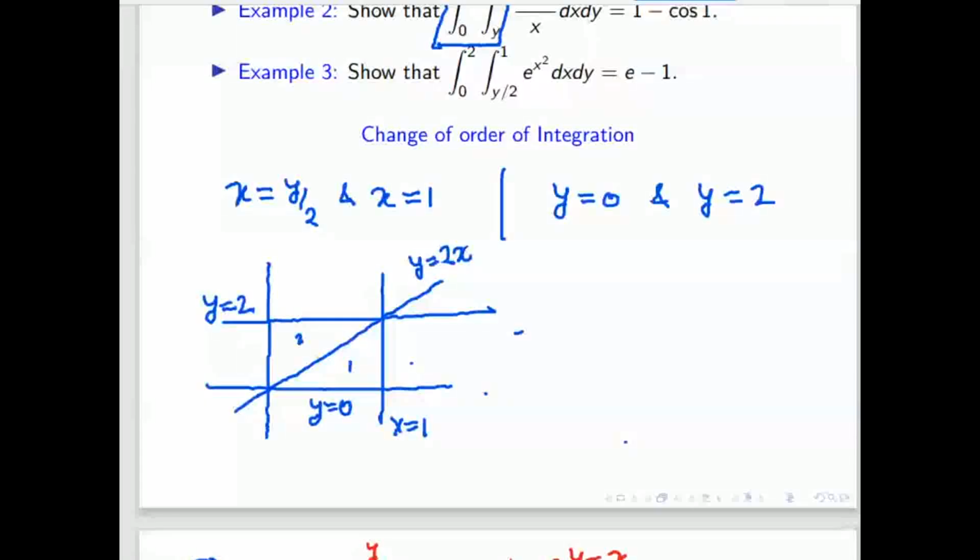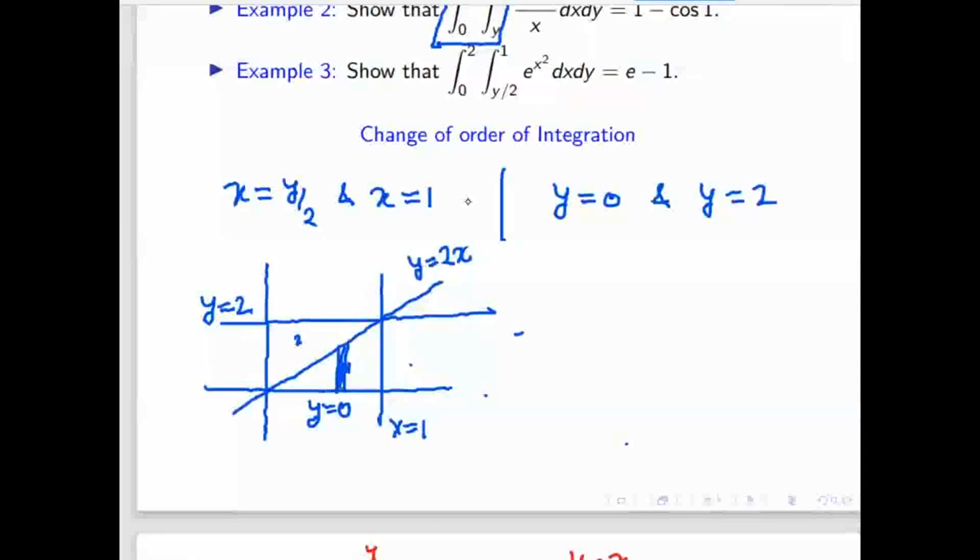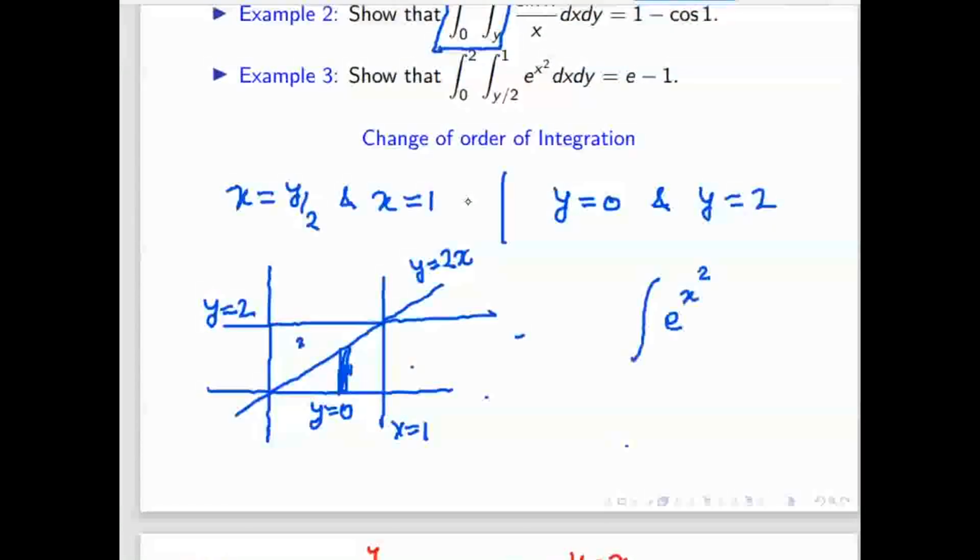So now again we will change the order. Because it is with respect to x, we'll take the vertical strip to change the limit. So here the y value will start from 0 and go up to 2x. So now this integration will become dy dx, and I'm writing the limit of y first.